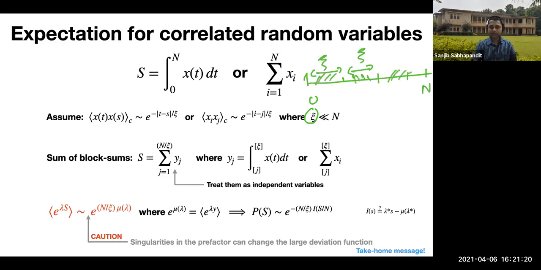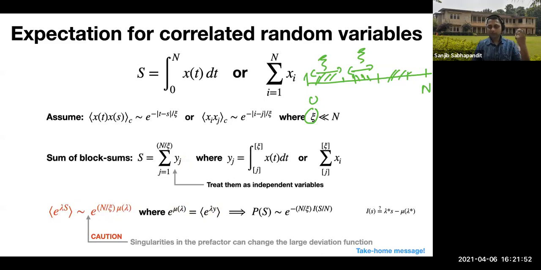So this sum, you can just write as a block sum, where y is just the sum within a block. Since the correlation falls off, you can basically treat these y variables as if they are independent. And if you treat them as independent, using what I have said about independent variables, what you expect is that this generating function, e to the power lambda s, should have this form, where exponential of mu lambda is just the generating function of this variable y.